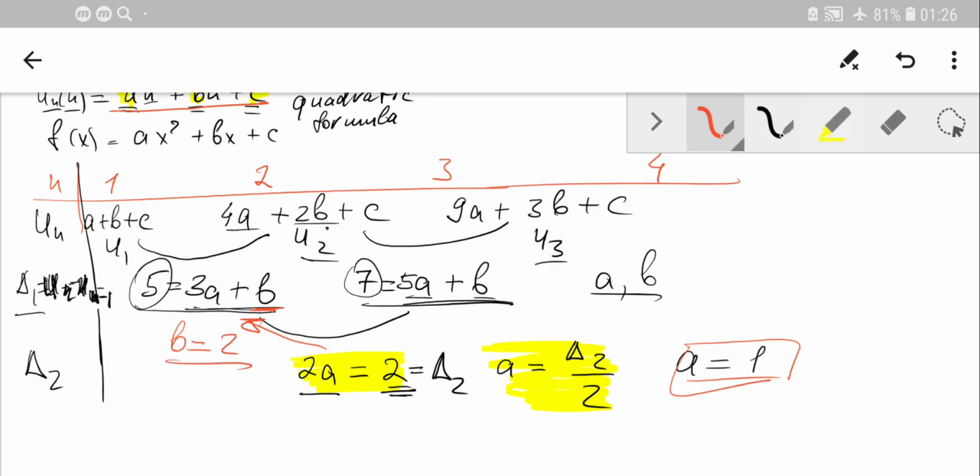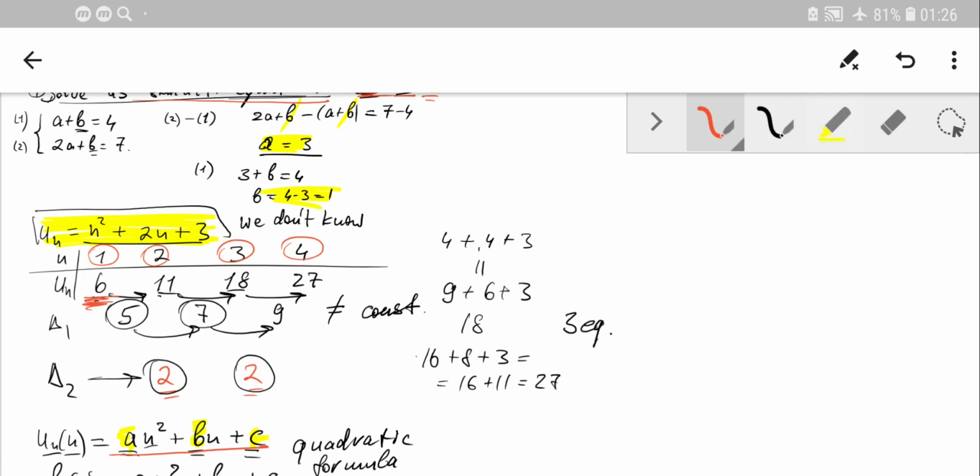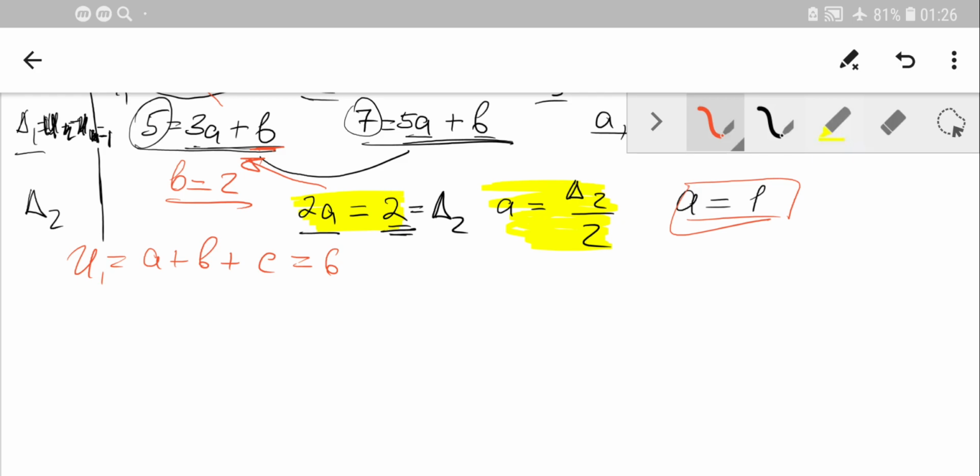We established the value for b as well. And we go back to the very first element of our sequence. So a plus b plus c is actually u1. You can pick up the value of u1 from your first term, 6. So that's why it equals 6.